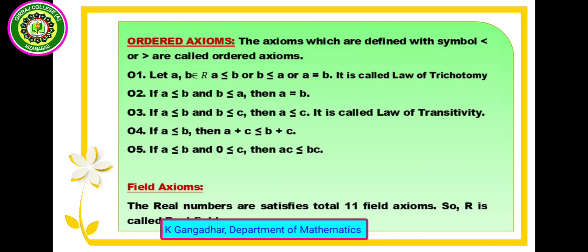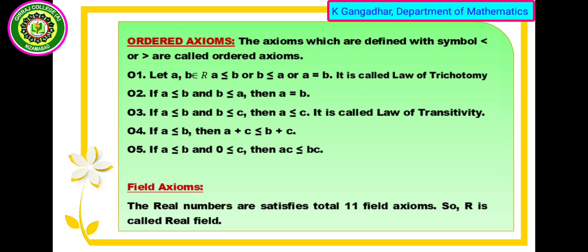Next, order axioms. The axioms which are defined with the symbol less than or greater than are called order axioms. So here we define the less than symbol. First, let a, b belong to R. a, b are two real numbers.